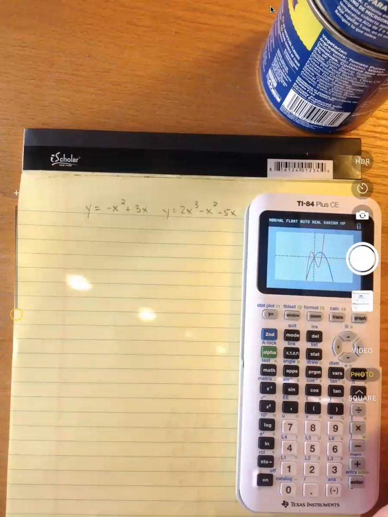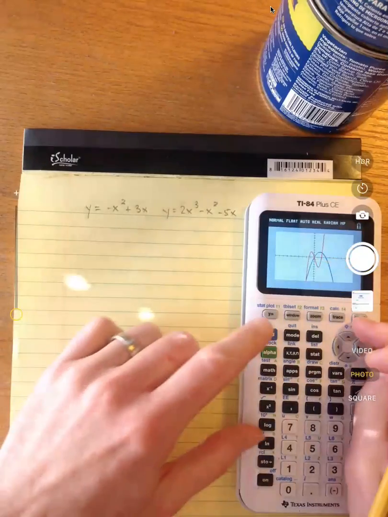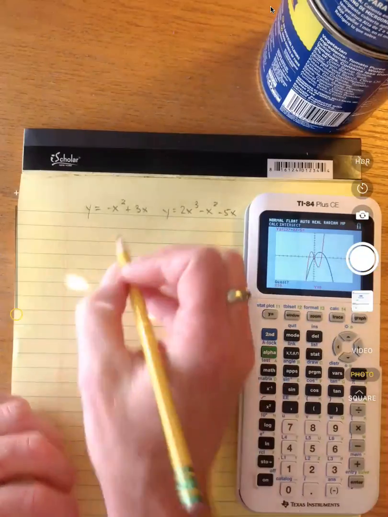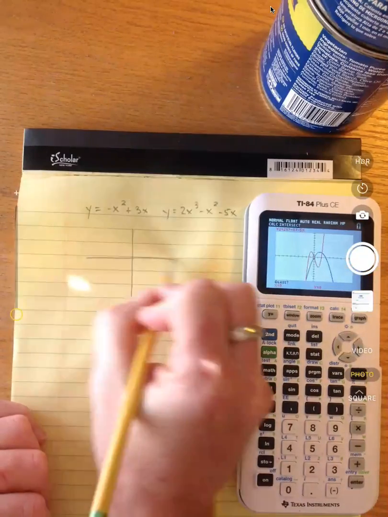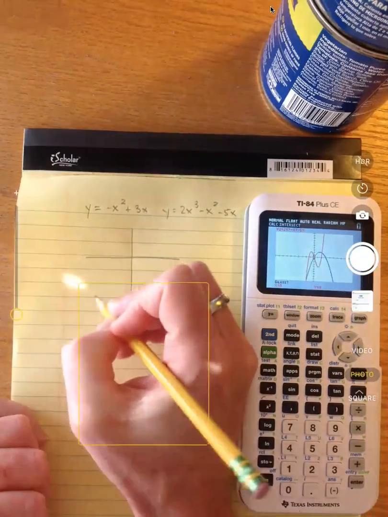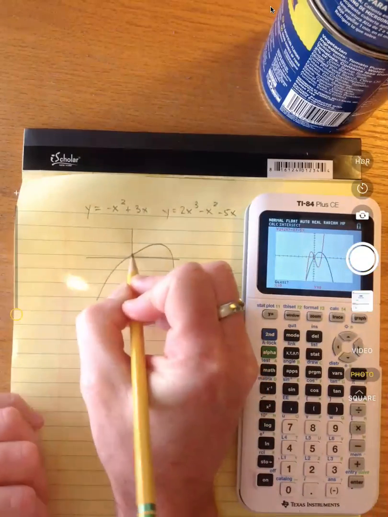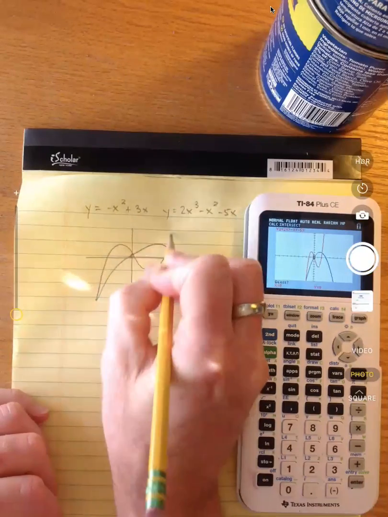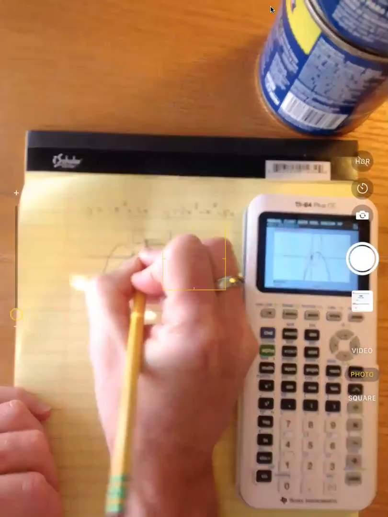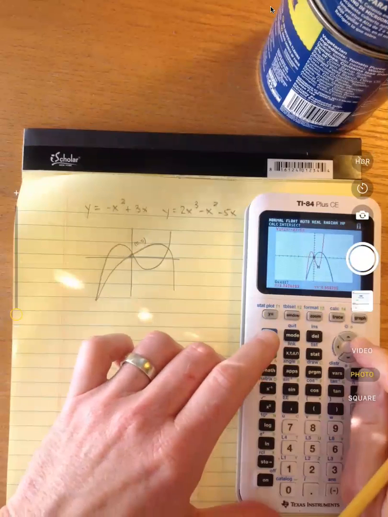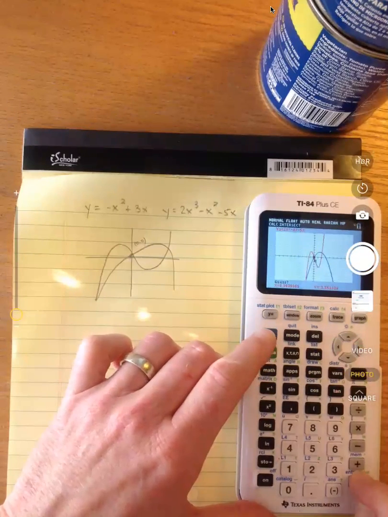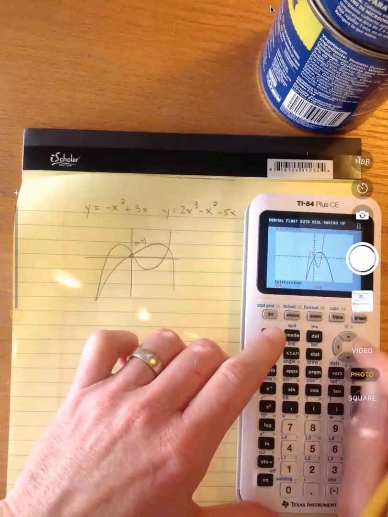So I would need to first find those intersection points. Let's do a quick sketch here. Here's my quadratic. Here comes my cubic. That looks like it's 0, 0.